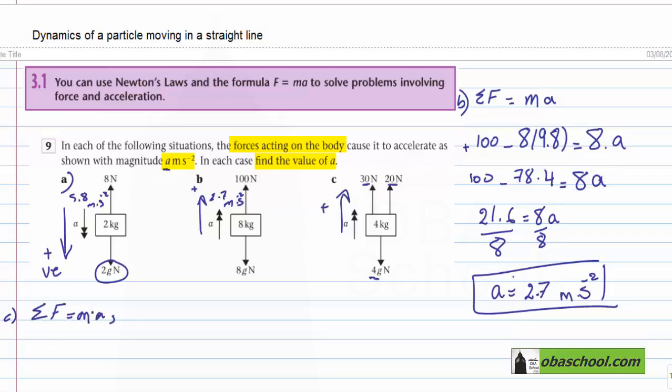The summation of forces is 30 upwards and positive, plus 20, also upwards and positive, minus 4g, that is 4 multiplied by 9.8 downwards and negative. This is equal to 4a, 4 multiplied by the acceleration a.